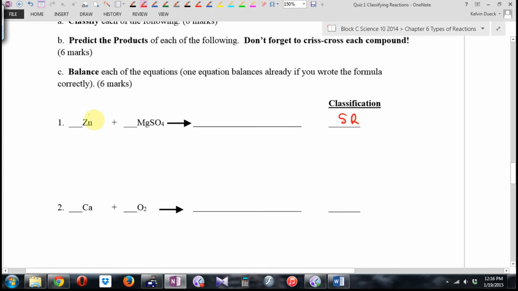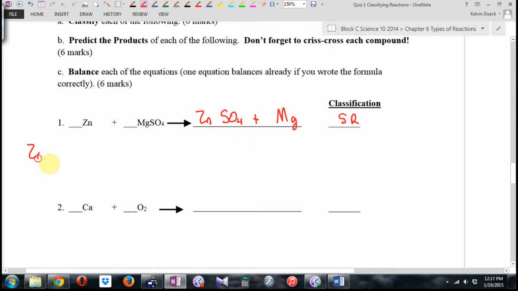Andrea, what that really means is this zinc is going to bump that magnesium. I'm going to end up with magnesium, and the zinc is going to combine with the SO4, but it might not combine with 1 and 1. I have to crisscross.